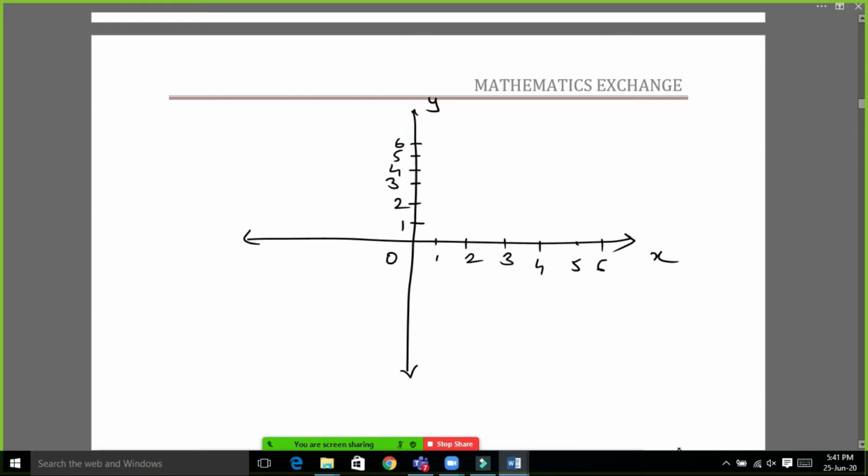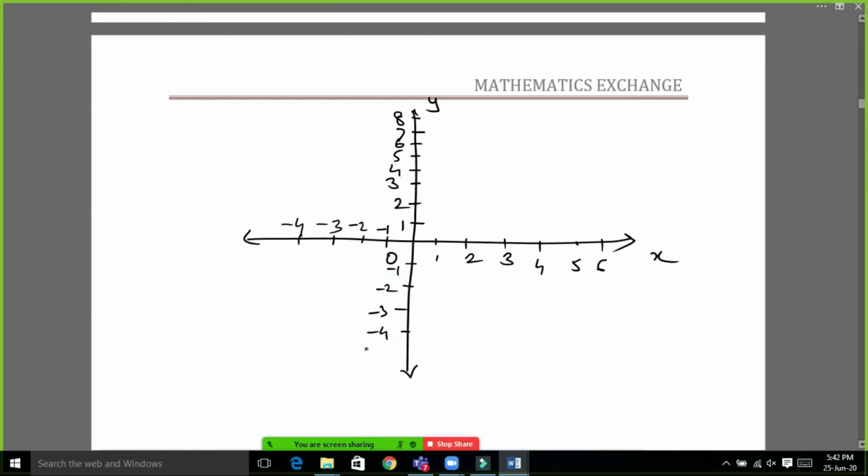The coordinate of y is 8, so we have to take up to 8. This is the negative x-axis, -1, -2, -3, -4. This is the negative y-axis, -1, -2, -3, -4 up to this.